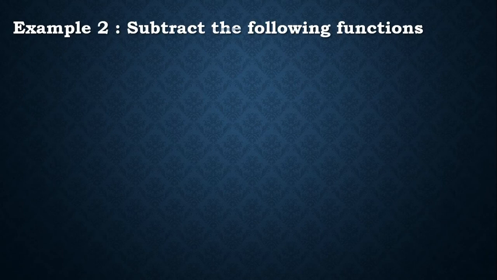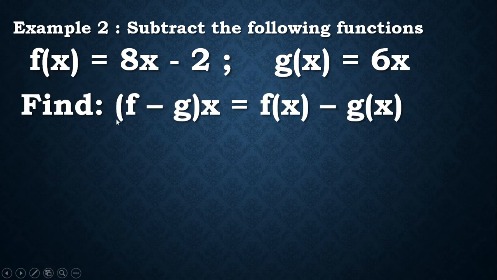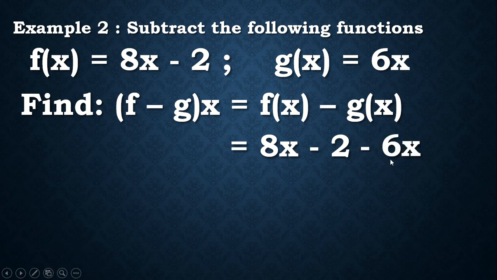How about example number 2? f(x) is equal to 8x minus 2, while g(x) is equal to 6x. Find (f minus g)(x), or equal to f(x) minus g(x). Copy the given for f(x), which is 8x minus 2, and then the operation subtraction, and then g(x), which is negative 6x.